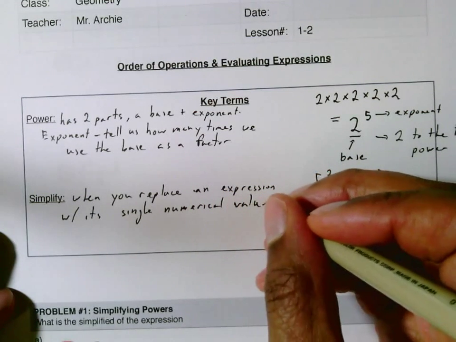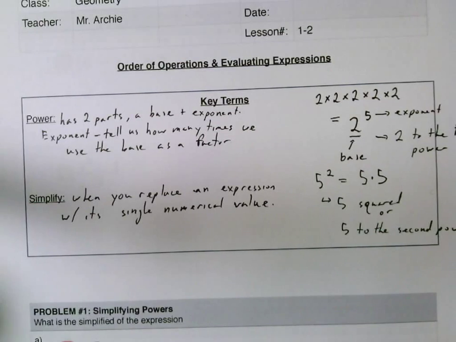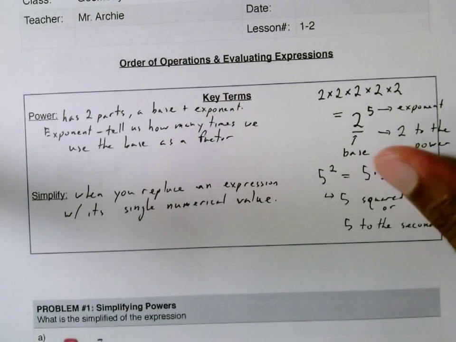The reason I want to go over what simplify is, is because for the rest of today, in the lesson and in class, I'll be using the word simplify a lot. So I want to make sure you all knew what simplify meant. Now let's get to the lesson.